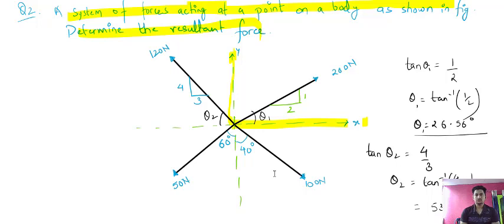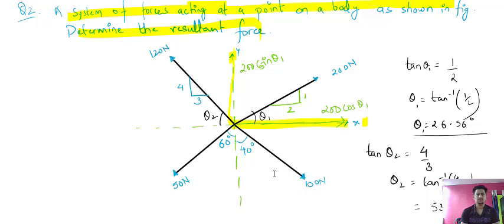This force is 200 Newton and it is acting at an angle of 26.56 degree. So this component in the x direction will be 200 cos theta 1, and in the y direction 200 sine theta 1. Now this force has been resolved.